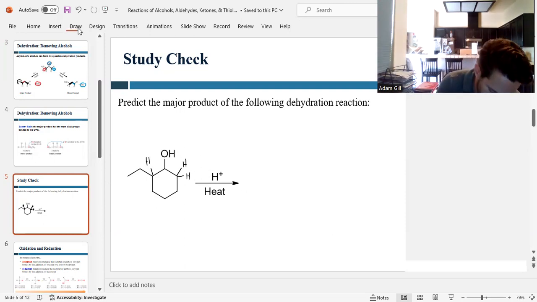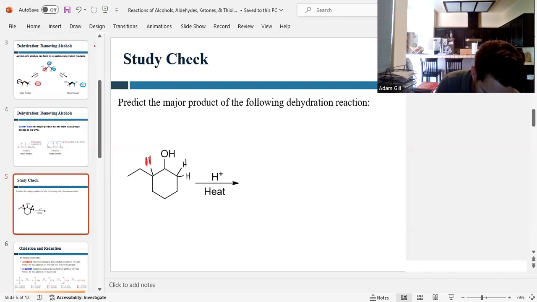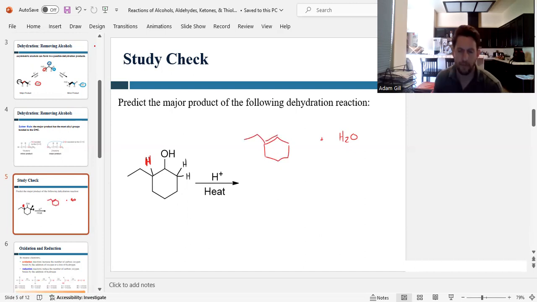And so let's color coordinate it again. If I remove this hydrogen here in red to make my H2O, my alkene molecule that I formed would have the double bond here between the H and the OH that I just removed.